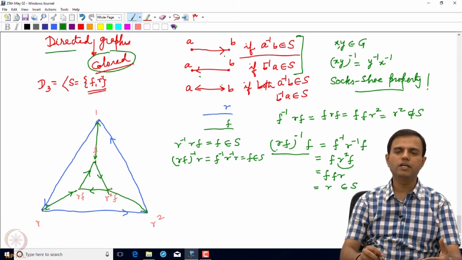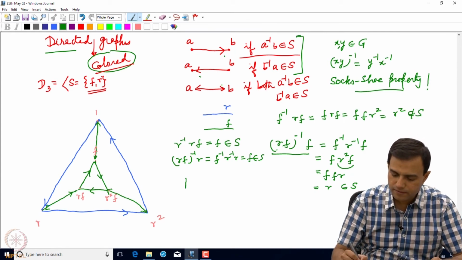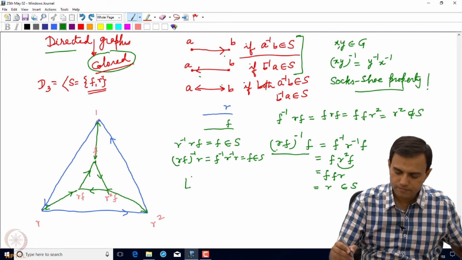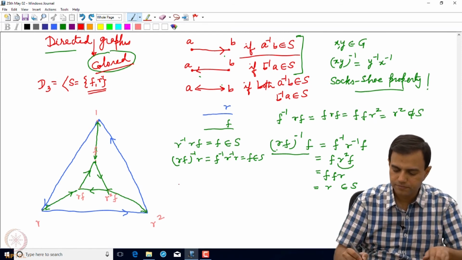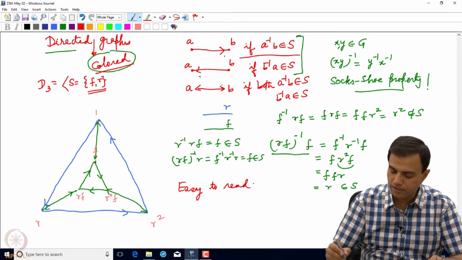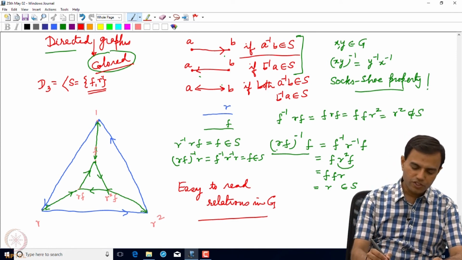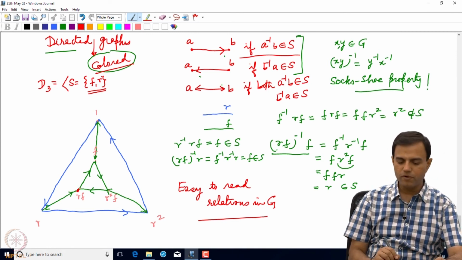In fact, using the directed colored graph, it's very easy for me to read relations in the group. How is that? In order to reach this point, for example, what you do?